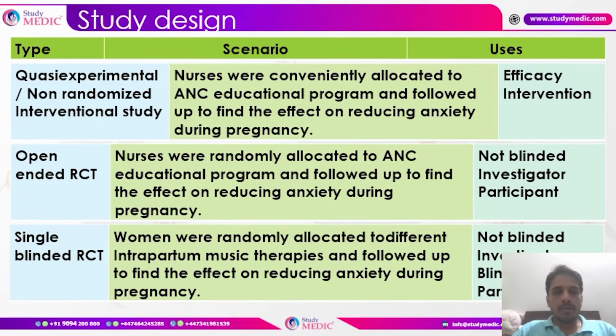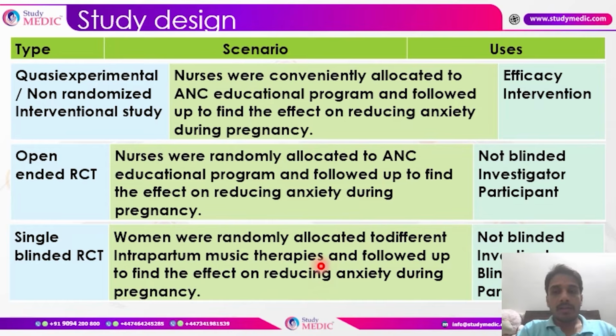Now, what is a single-blinded randomized controlled trial? You can see that here, women were randomly allocated to intrapartum music therapy, so it is a randomized controlled trial, and then they were followed up to find the effect on reducing anxiety during pregnancy. Here, only the investigator knows what type of music therapy is given.